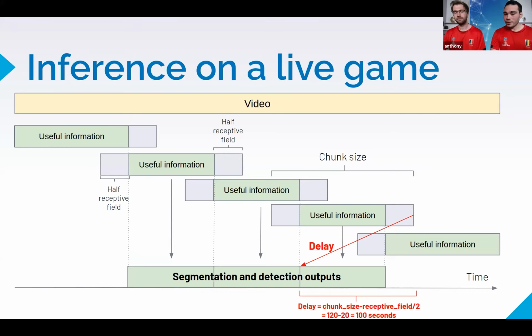In our case, we have a 100 seconds delay, which is a bit less than 2 minutes. So if this is great for your application, then you can apply it directly. But this is more for commercial use, and it's not really related to the challenge.